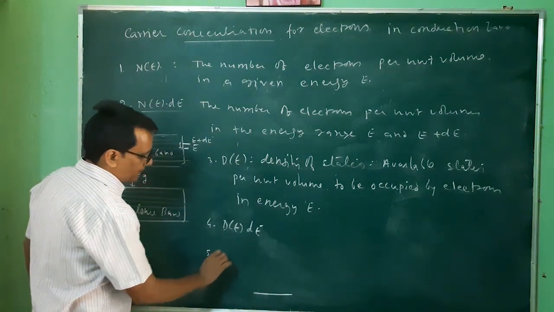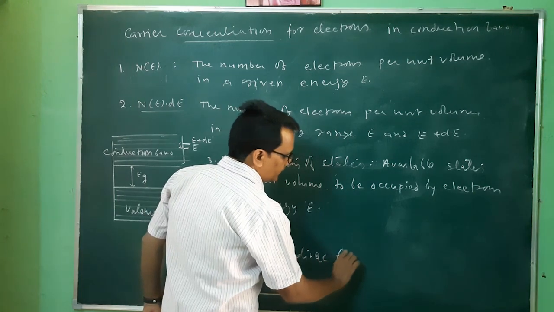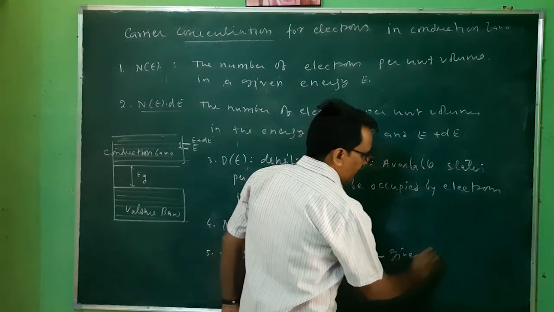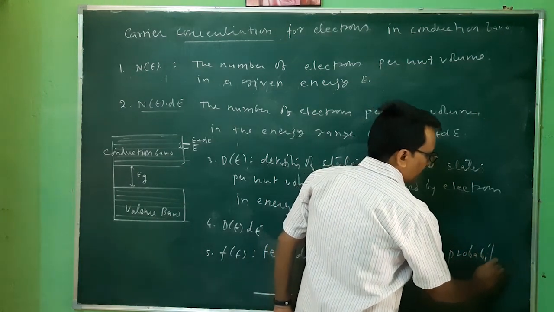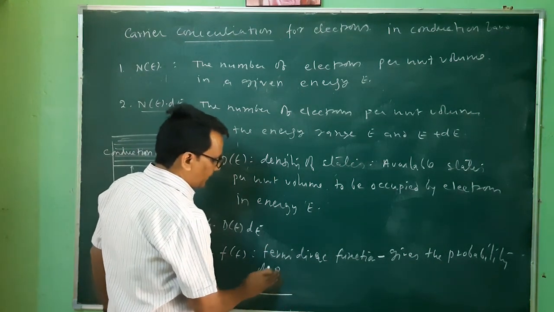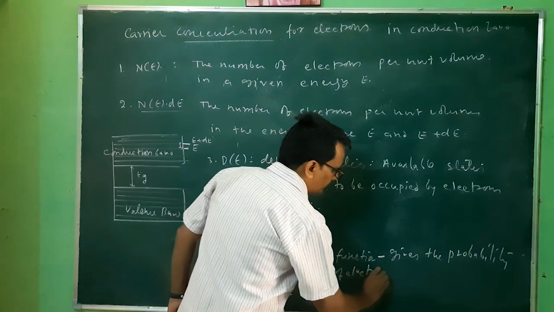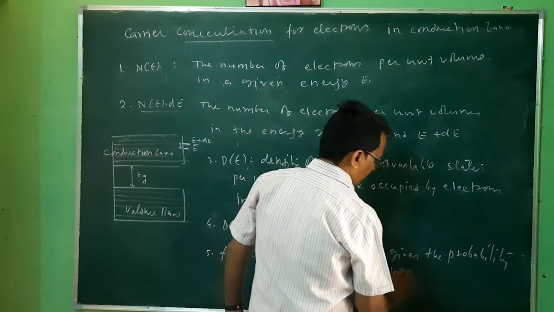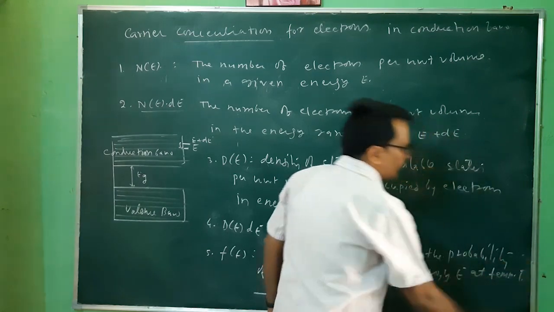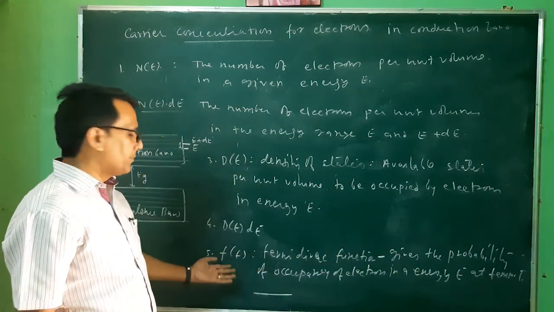And the fifth one is F(E). This is the Fermi-Dirac function, and it gives the probability of occupancy of an electron at energy E at temperature T. So at a particular temperature T, at a specific energy E, the probability of occupancy of an electron is given by this Fermi-Dirac distribution function.